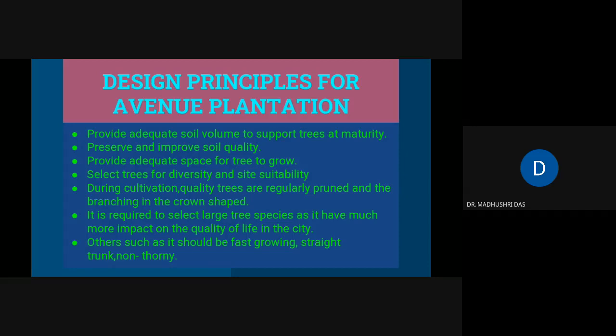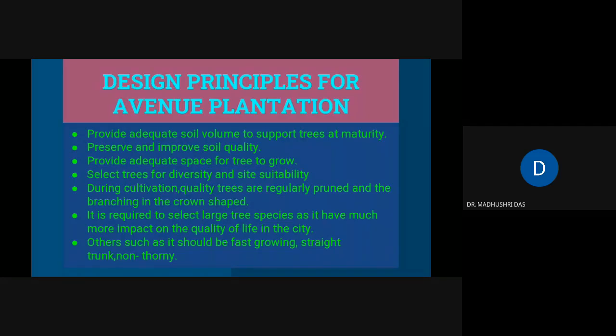According to the climate and environment, a certain species of tree should be planted. One should regularly check the branches and prune them so the tree branches in a crown shape.